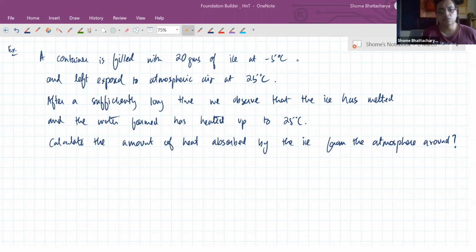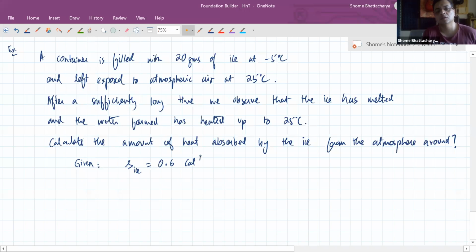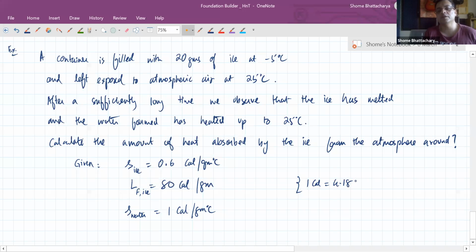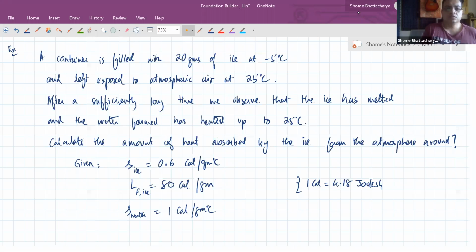So for this, the data given to us is that specific heat capacity of ice is 0.6 calories per gram degree C. Latent heat of fusion for ice is 80 calories per gram, and specific heat capacity of water is 1 calorie per gram degree C. And also 1 calorie is equal to 4.18 joules. So just try out this question.